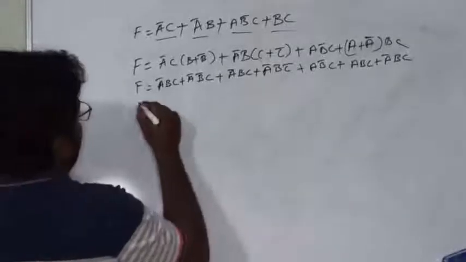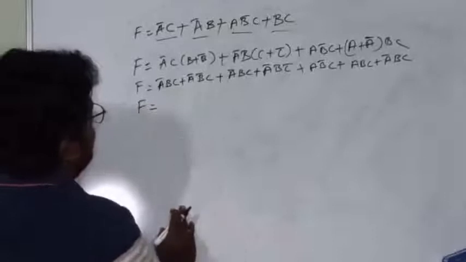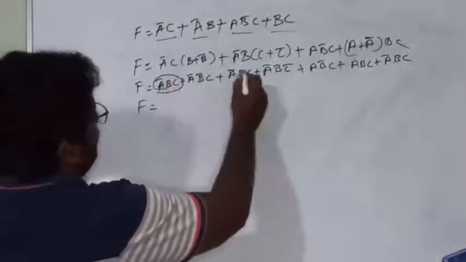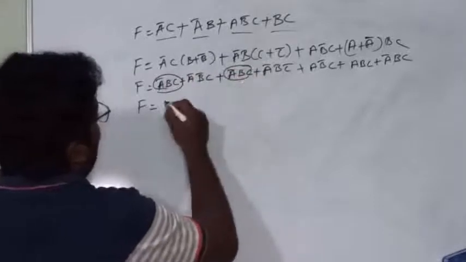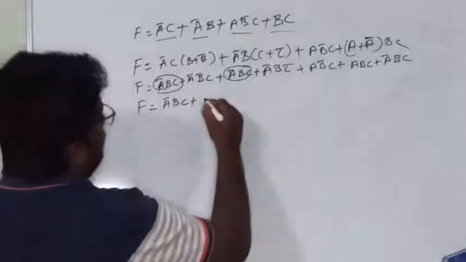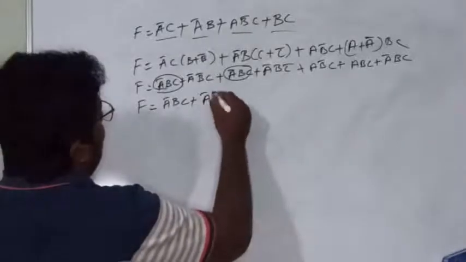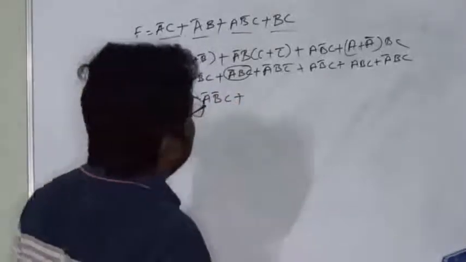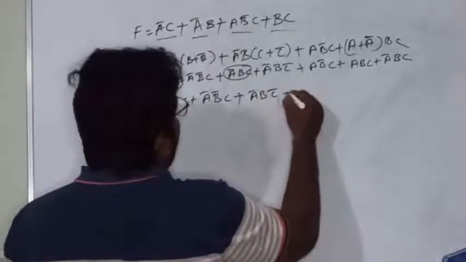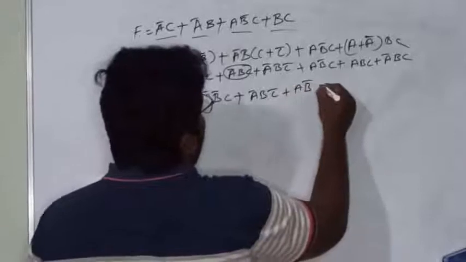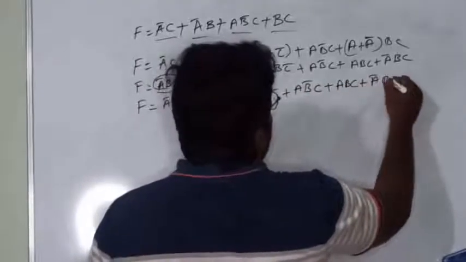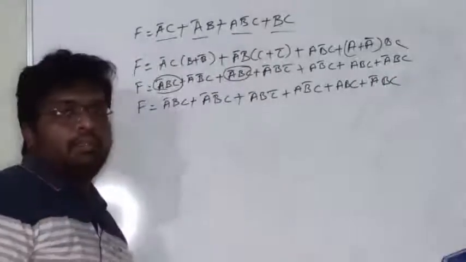So now, F is equal to, if you observe here, A complement BC and A complement BC are common, so we represent it one time, and next A complement B complement C plus A complement B C complement plus A B complement C plus ABC plus A complement BC.